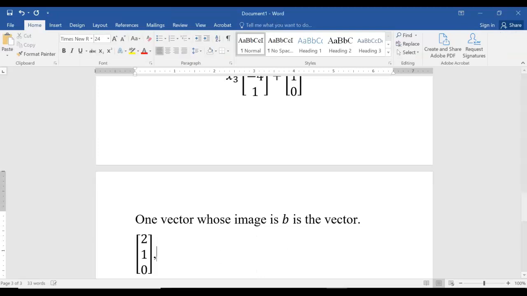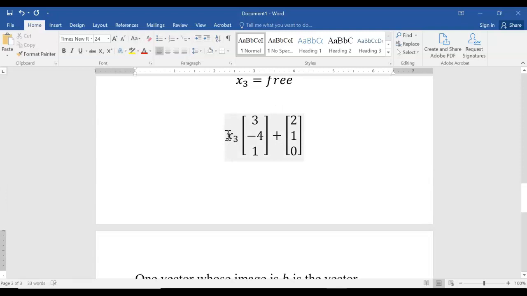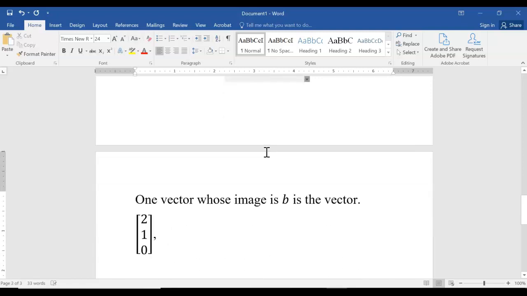Another vector you could have done, you could have plugged in, let's say, 1 for x3. If you'd have plugged in 1, you would have gotten the vector 5, -3, 1. What did I say? 5, -3, 1.